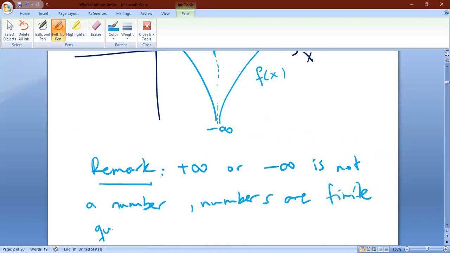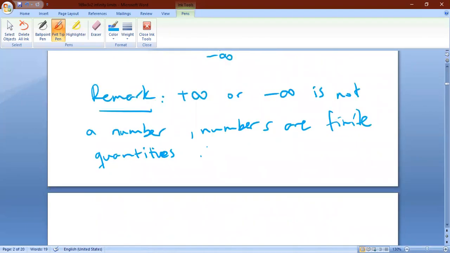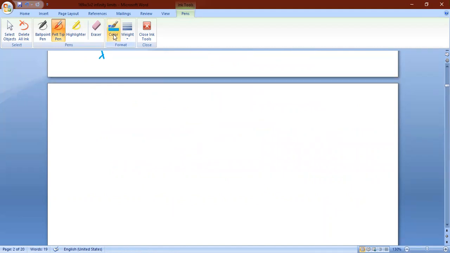However, we still try to express that kind of situation in this way. So if we don't stop at a finite number, we then write either plus infinity or minus infinity depending on the situation. So here are some examples.